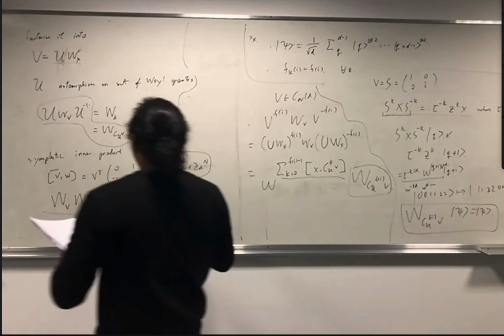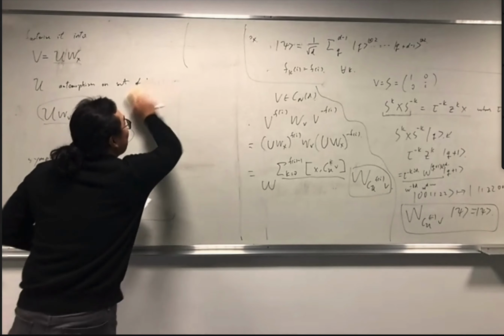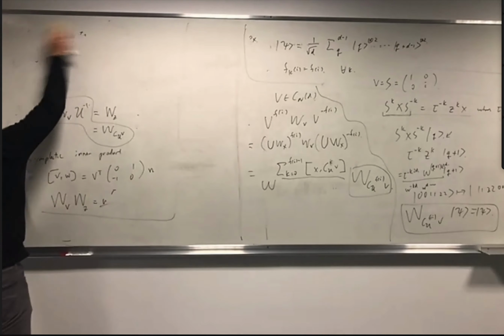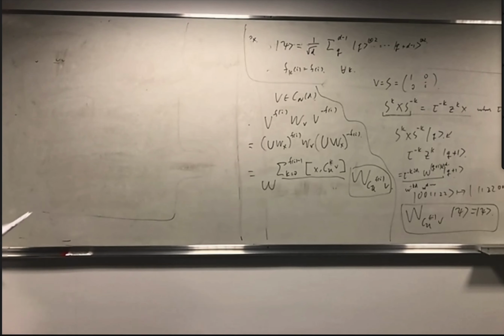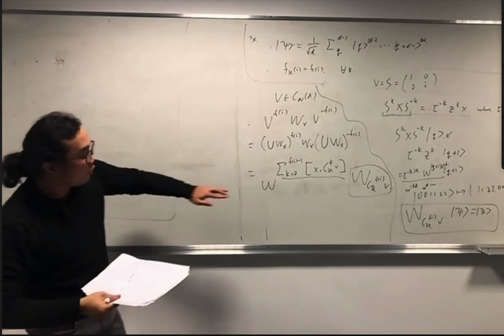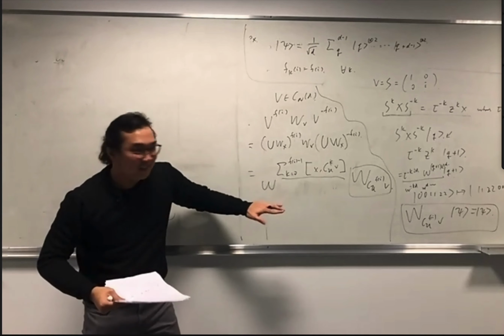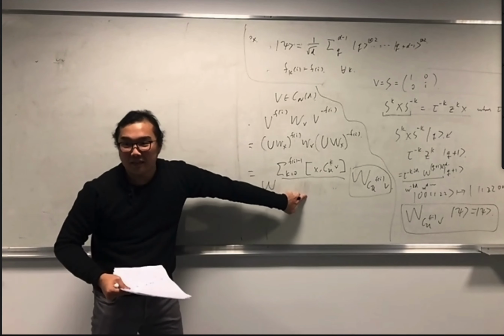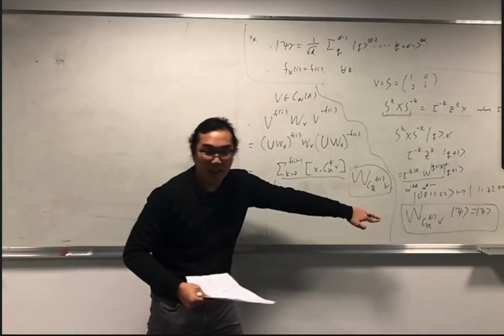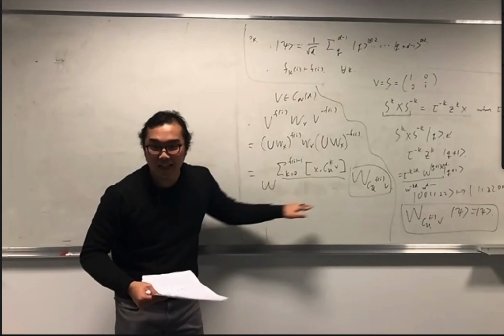Maybe let me erase this so that I can do it on the same board. So when you do the measurement of this whole thing on the state, the outcome depends on what this is, because this stabilizes the state, so we only have this constant left.